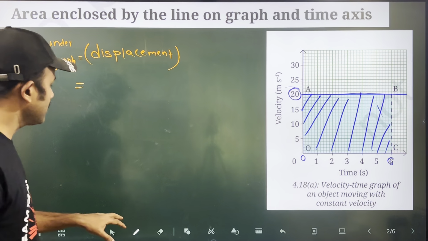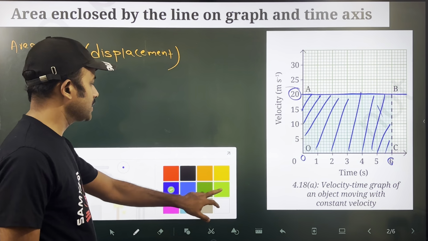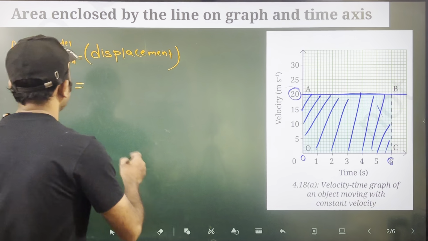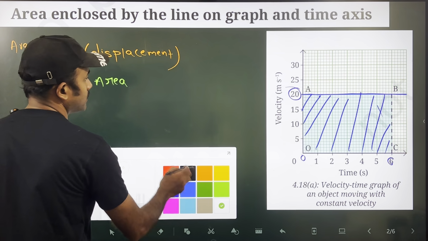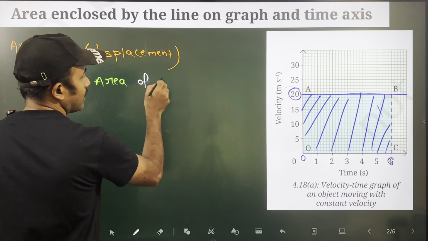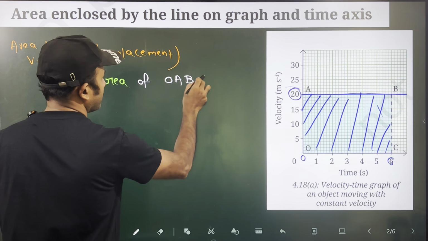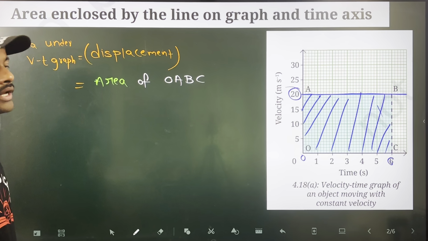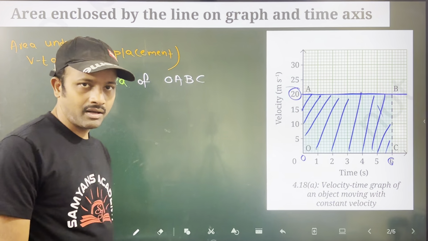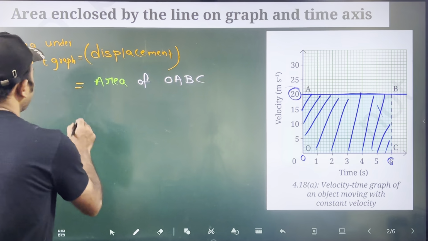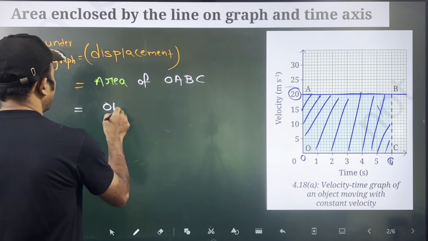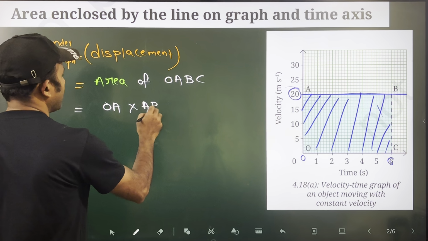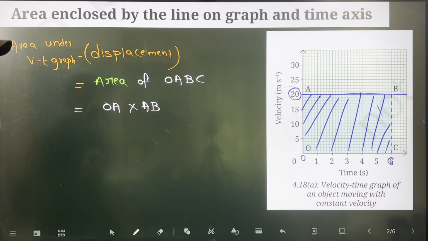So you take the area under this graph, that is the area of OABC. It looks like a rectangle. What is the area of the rectangle? Area of the rectangle is length into breadth. Here we can take OA into AB, or we can take OC into BC.